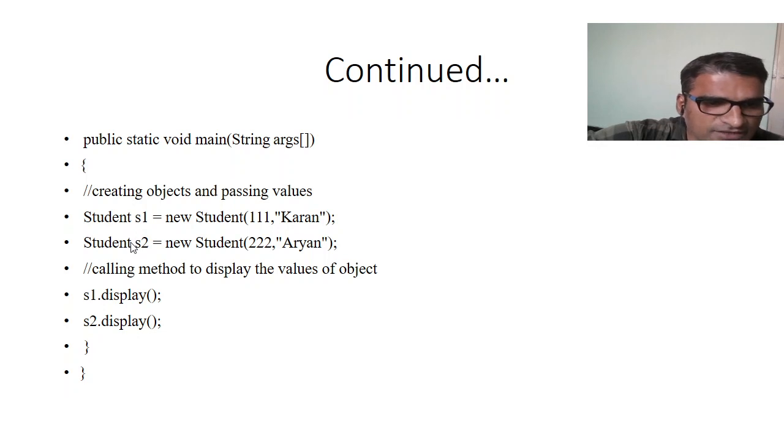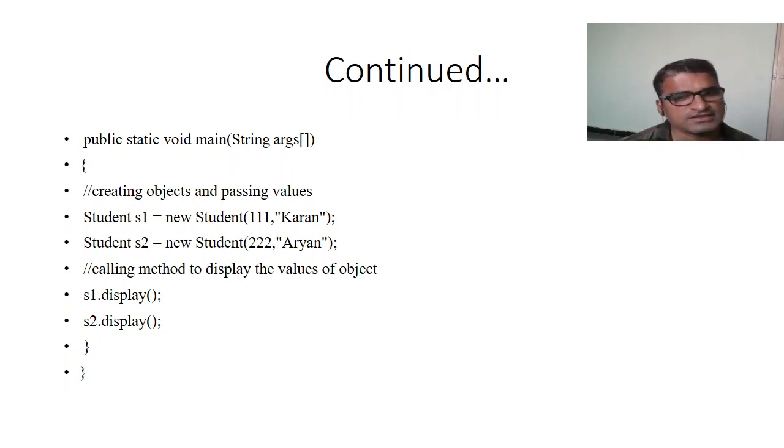Similarly, if I want to initialize the second student's id and name values, then I can create another instance object called s2, and once again when I use the new keyword, I can pass 222 as the id value and rn as the student name. After calling the constructor, now I need to call the display method in order to print id and name.